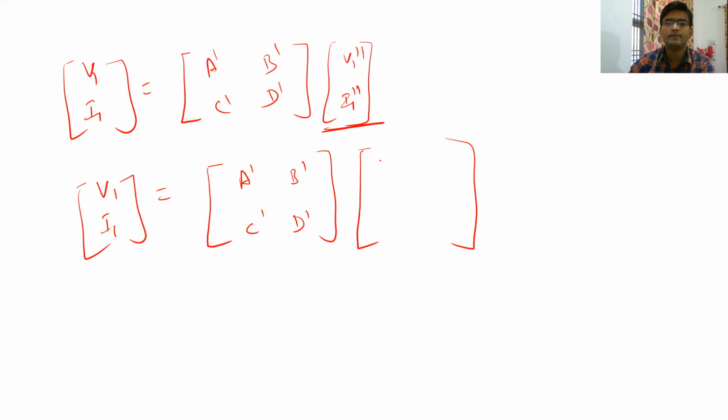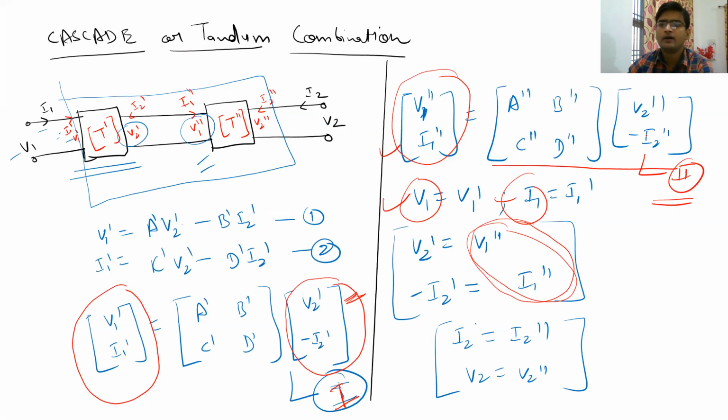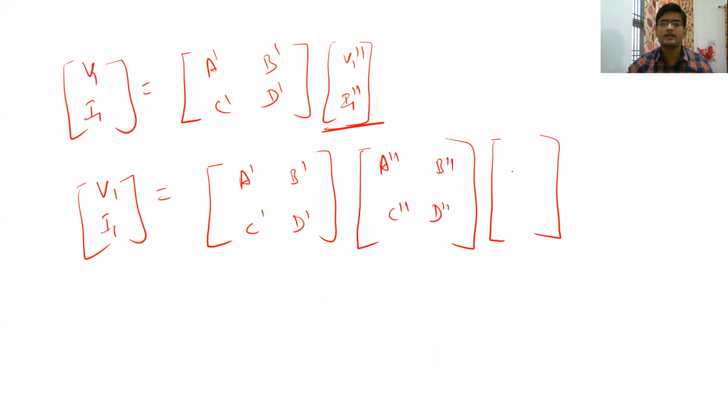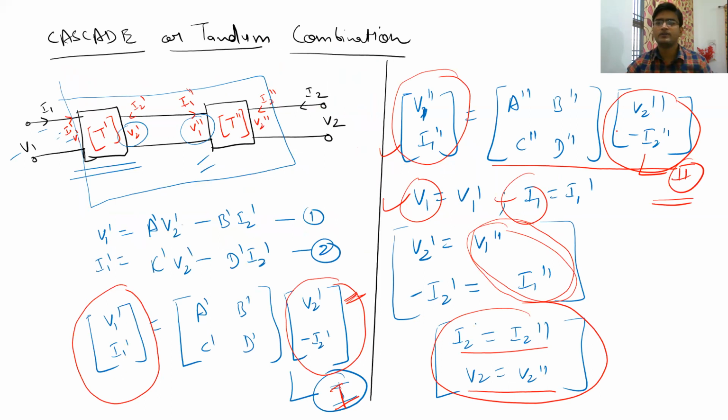So it will be A'', B'', C'', D'', and finally, in place of V2'' and minus I2'', I am going to write V2 and minus I2, since I2 is equal to I2'' and V2 is equal to V2''.